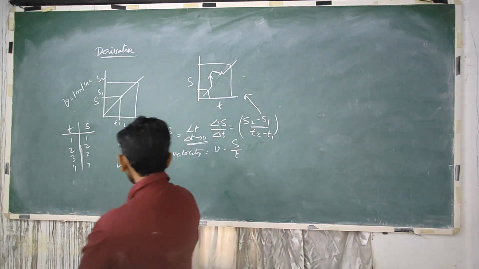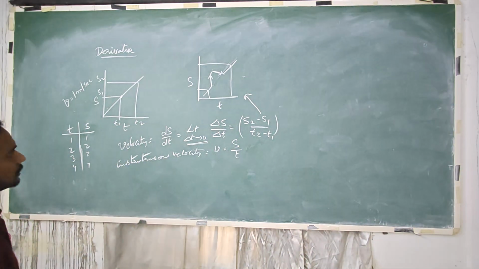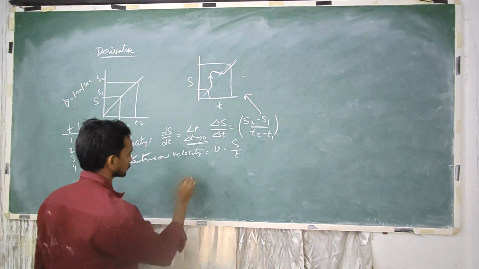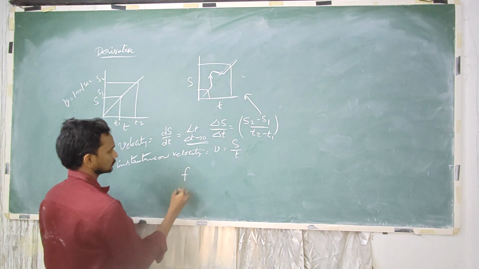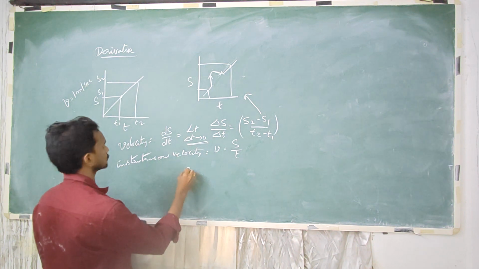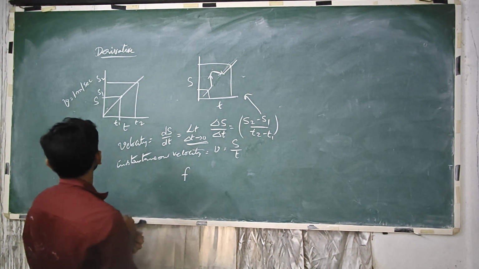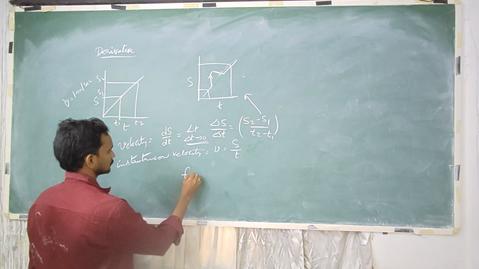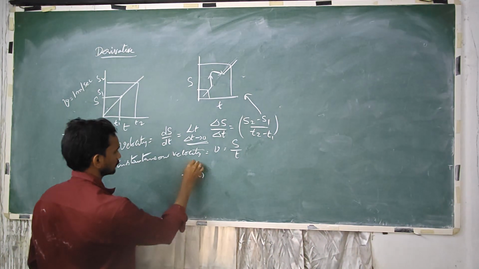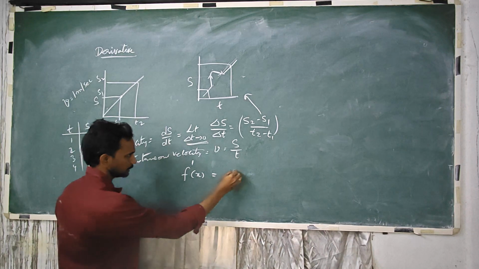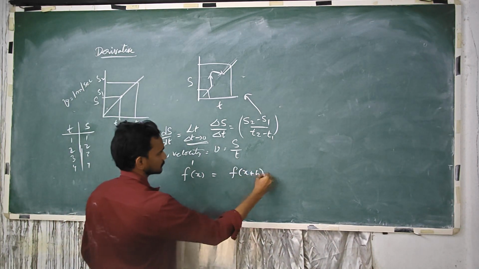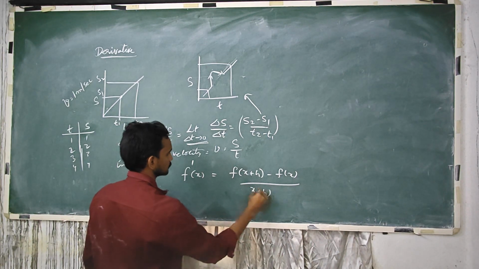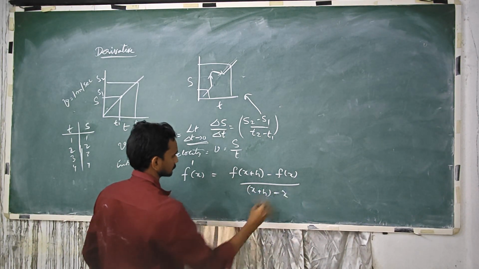And okay, so how to define that? You have to take a very small interval. So there are two derivatives. Let's say at a particular point, f dash x is given by f of x plus h minus f of x by x plus h minus x.